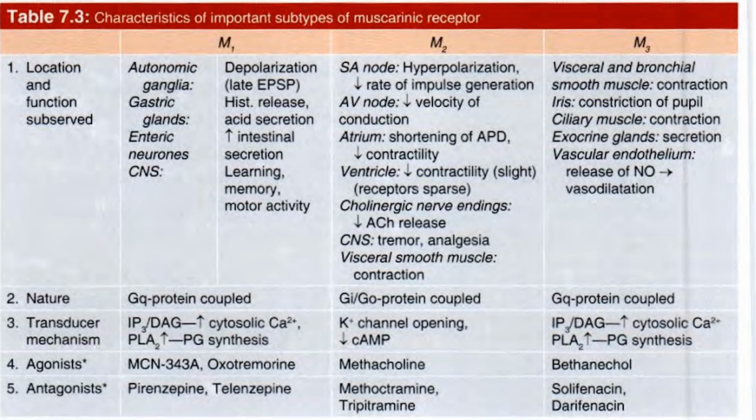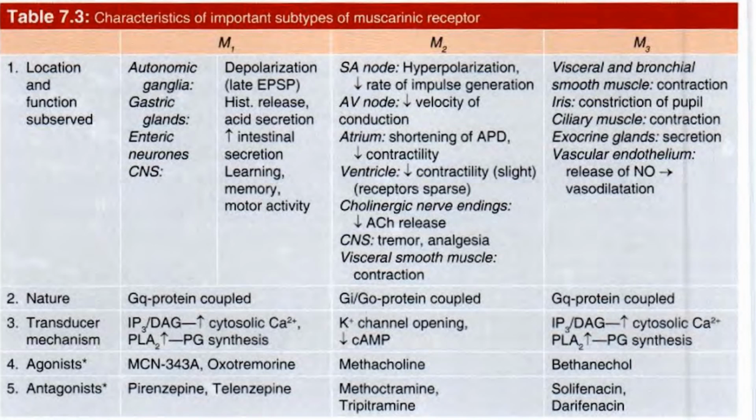Now M1 and M3 are primarily coupled to Gq type of G protein, and M2 is coupled with Gi or Go. The transducer mechanism for M1 and M3 is the same.